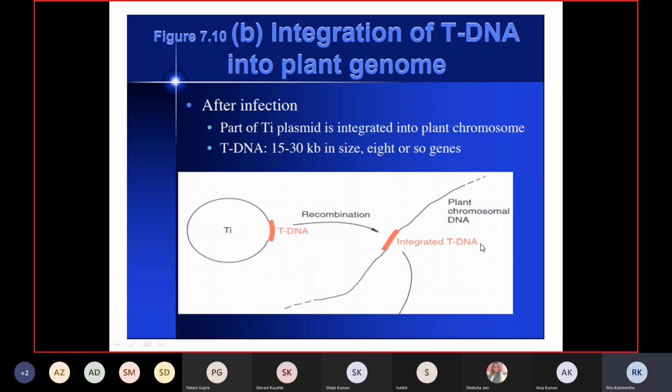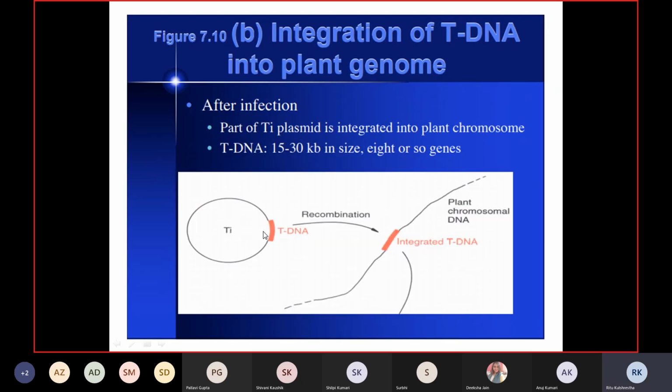So where does it get integrated into the plant chromosomes? It's quite random in nature. Do we understand what leads to its integration into the plant chromosomes? Is it homology based? No, it's not homology based. It's very, very random in nature, and people are still trying to understand what guides at what region the tDNA will get incorporated.